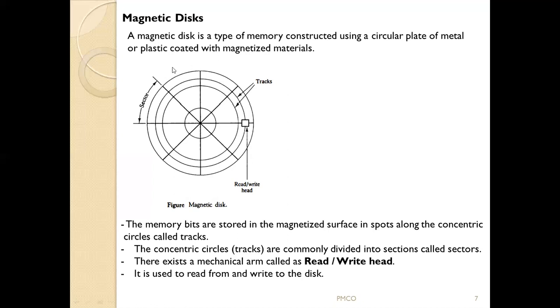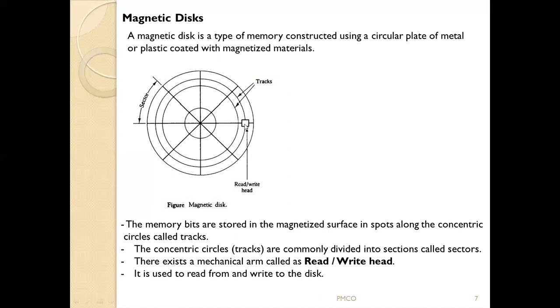These concentric circles, the tracks, are commonly divided into sections called sectors. So these are sectors. There exists a mechanical arm called the read-write head. So this is the read-write head. What is the use of this read-write head?